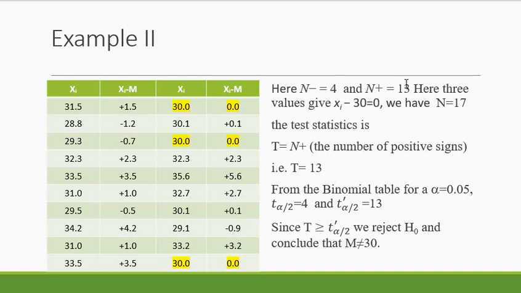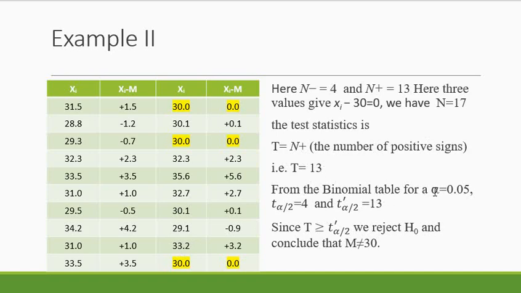So we have 13 positive values, and since three values are zero and four are negative, capital N is 17. This is because out of 20 observations, three values become 0. So capital N is 17, and T plus is the number of positive values, which is 13.